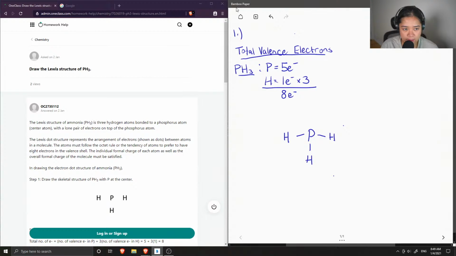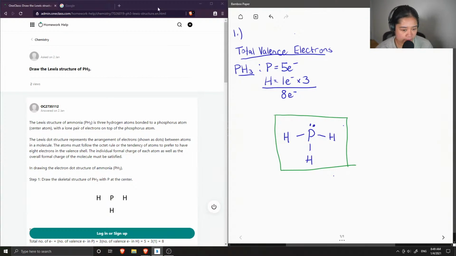And for our total valence electrons, we need 8. So far I've drawn 6, and this is because each bond contains 2 electrons being shared. So now I just need 2 more electrons and they'll be lone pairs on my phosphorus. And now this is the final Lewis structure of PH3.